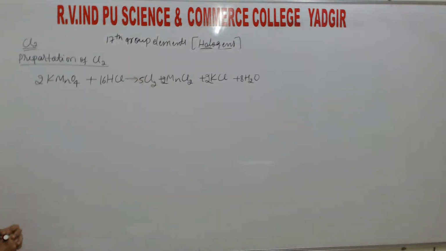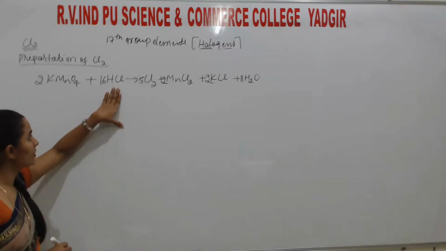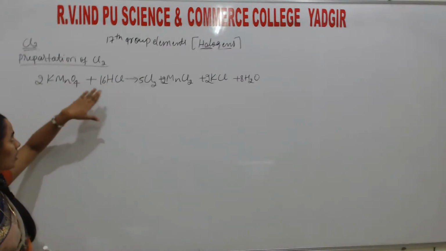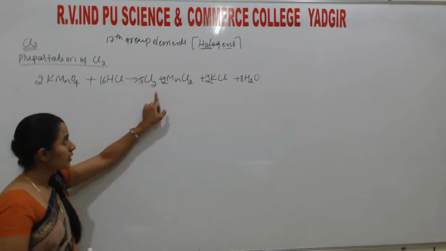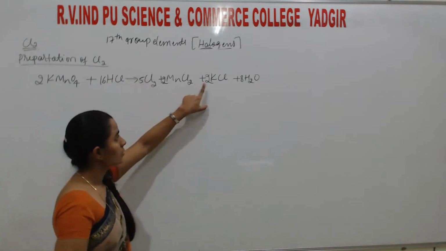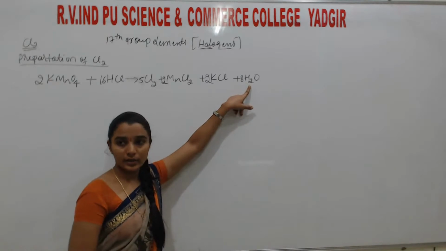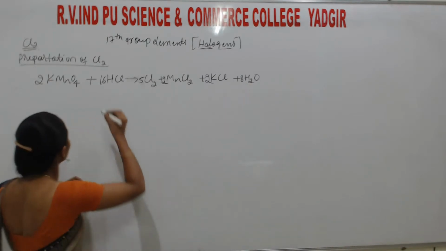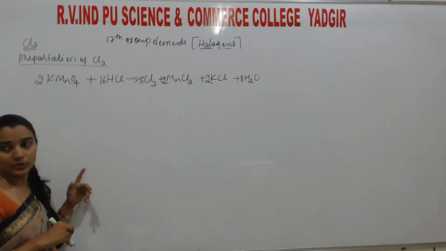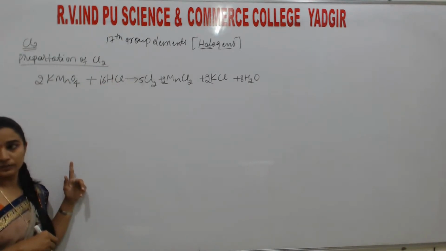This is the balanced reaction. First, by the action of HCl on KMnO4, potassium permanganate salt gives chlorine, MnCl2, KCl and 8H2O. One type of preparation. What are you studying? Preparation of Cl2. It is a laboratory method.